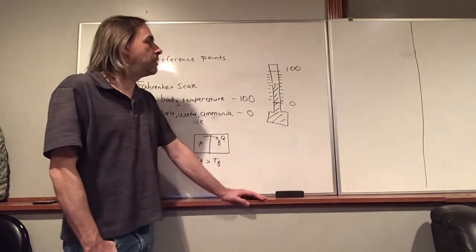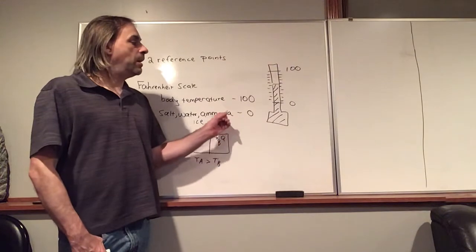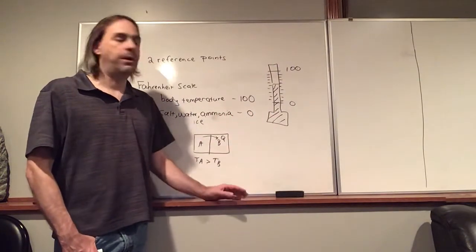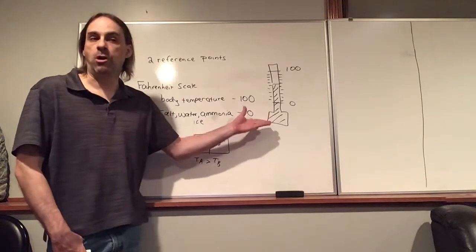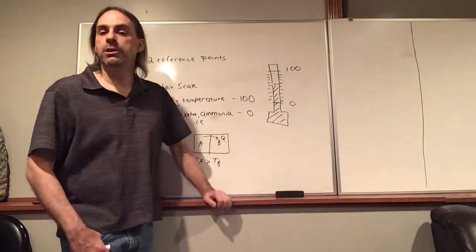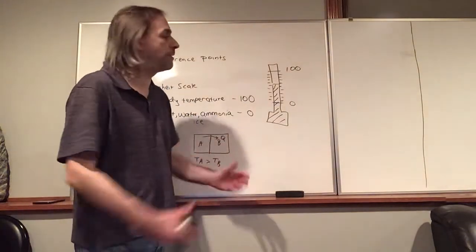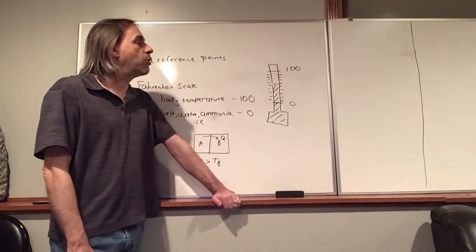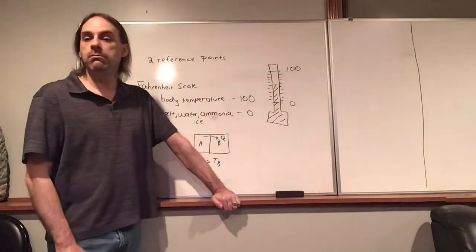Mercury is really good because it has, something we'll talk about more, like how much energy does it take to actually heat up mercury or water? And it turns out water takes an enormous amount of energy to change the temperature of the water. You need a lot of energy. Mercury, much easier to heat and cool.